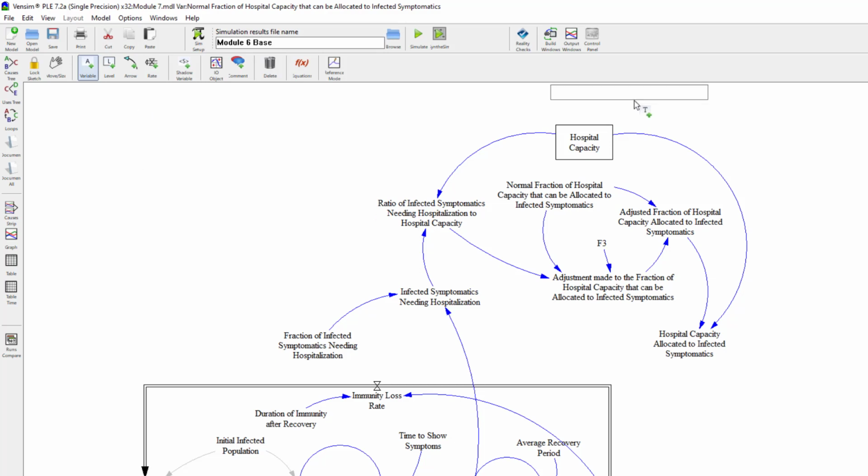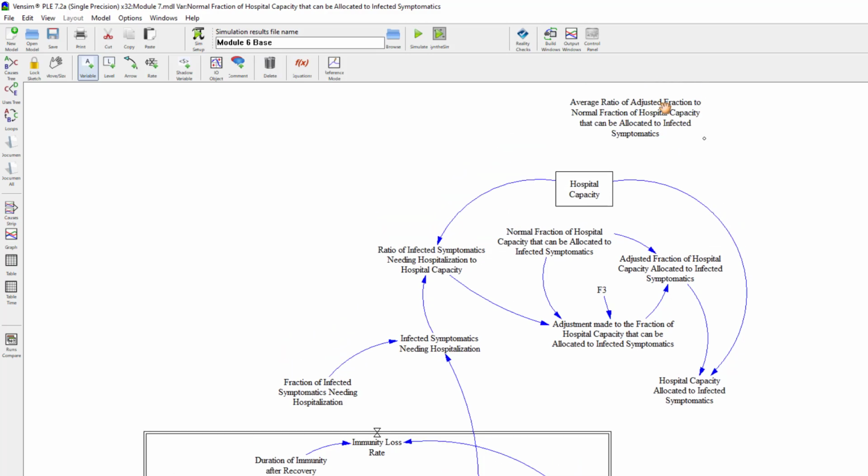I'm going to create a variable, average ratio of adjusted fraction to normal fraction of hospital capacity that can be allocated to infected symptomatics. That's a long variable name.